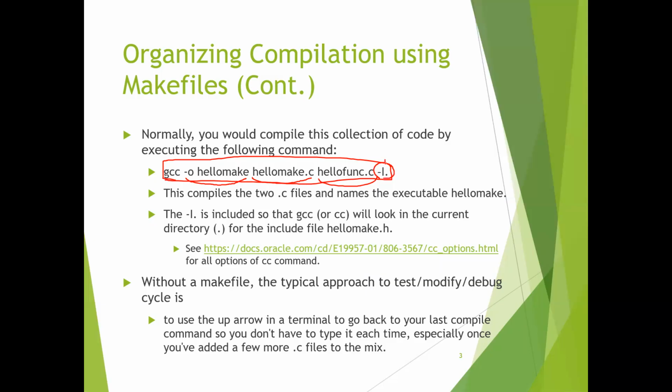This is not L, this is capital letter I. And basically what this does is it tells GCC that if you're looking for includes or header files, check out the directory dot, and directory dot means the current directory. So that means if you want to look for header files, just look at the current directory and you'll see the header files. Remember, we had one header file which was called hello-make.h.